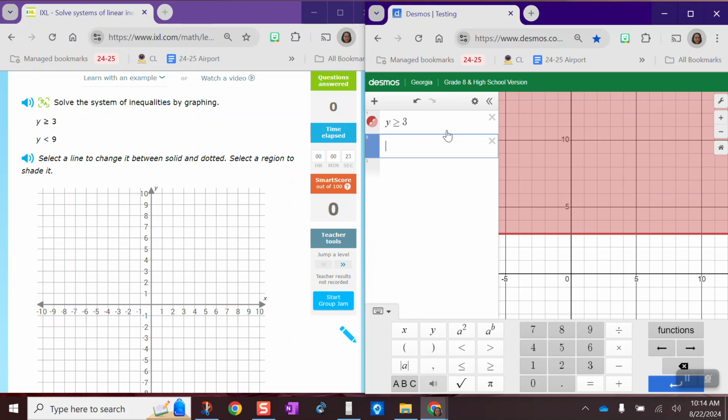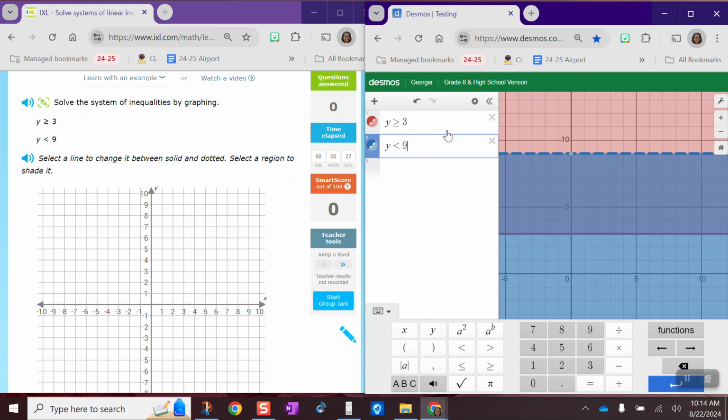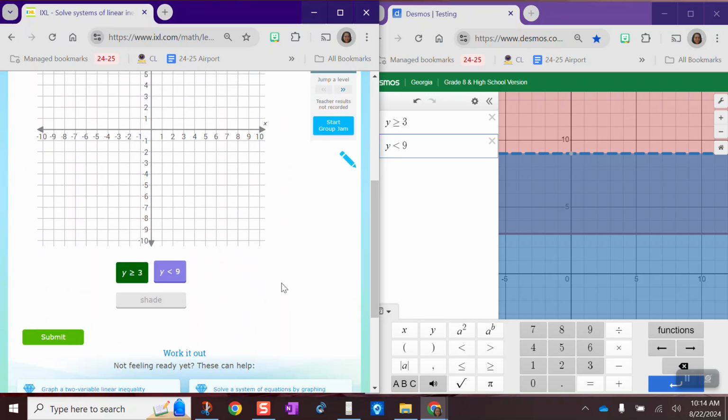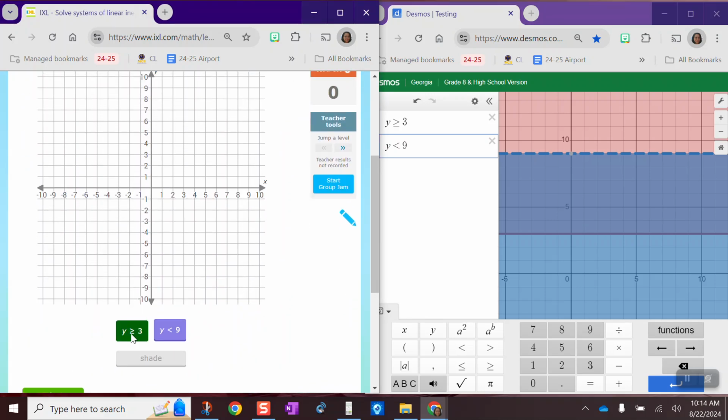And in the next line, what are you going to put? Y is less than 9. What are we doing? Graphing both of them? Okay, so with this one, you have to make sure you click on the one that you've got clicked. That's the one that you're graphing.